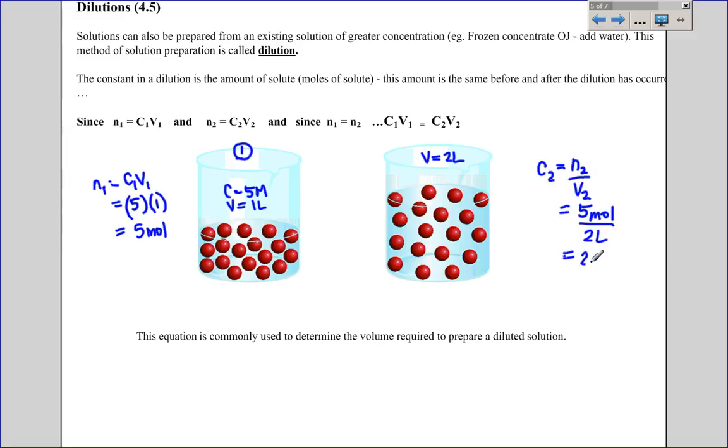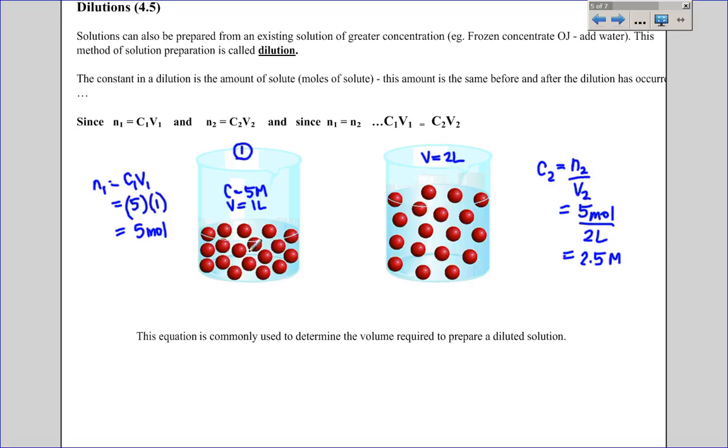So I end up with a concentration of 2.5 molar. Now again, some of you might have seen that right away. If you double the volume, you're going to halve the concentration. You're not always going to be working with such nice numbers though, so it's important to understand the concept here and how to work with formulas in order to solve when you have more complicated numbers to deal with.